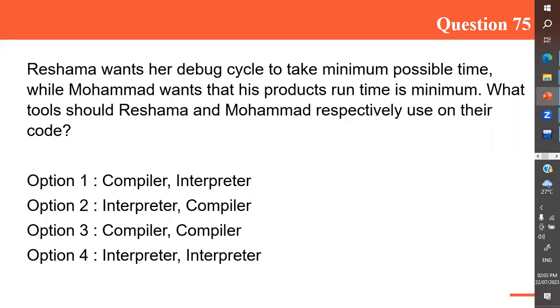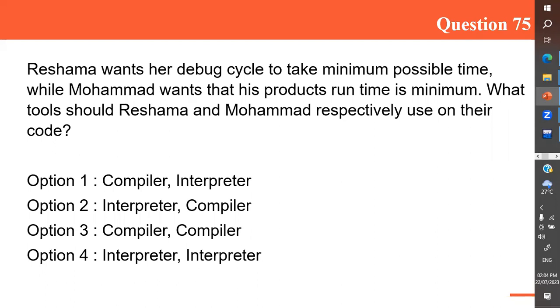What should they use? Reshma's target is debugging. Which one is good for debugging? Interpreter, because we can debug line by line. And which one is better for product delivery? If we deliver something to the customer, it should already be compiled. There should not be any compilation errors.